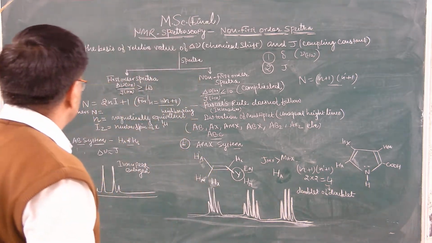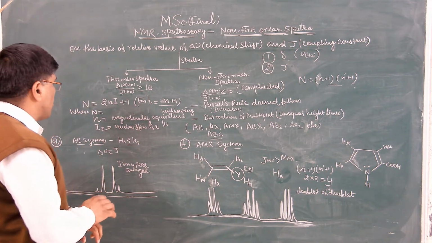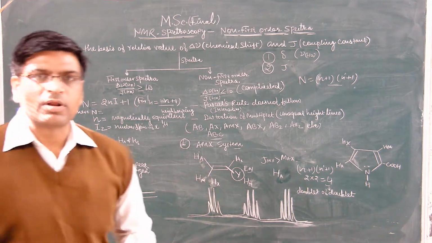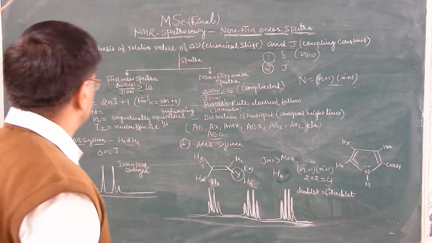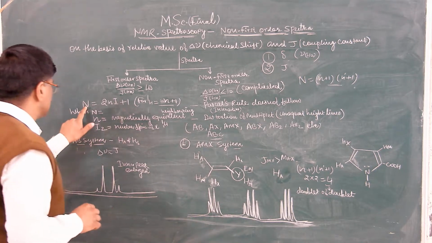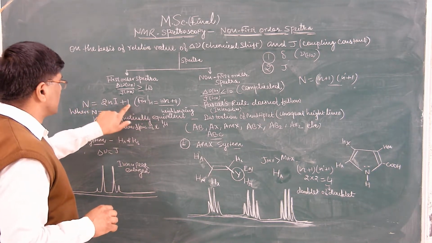In first order spectra, the number of peaks for a particular proton in a multiplet can be calculated using this formula, capital N equal to 2nI plus 1.